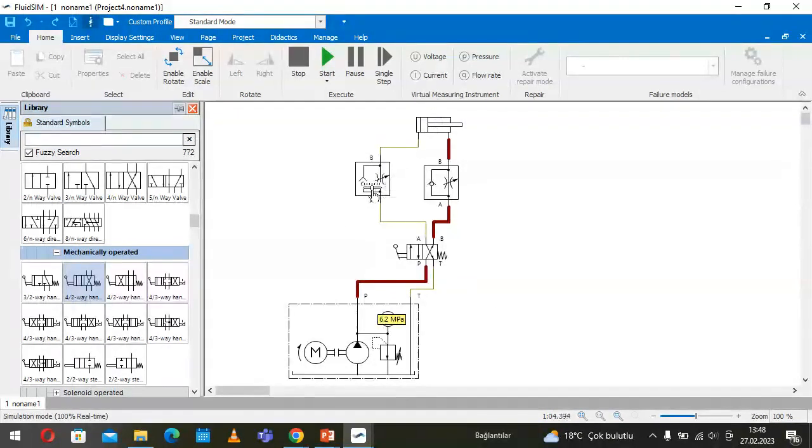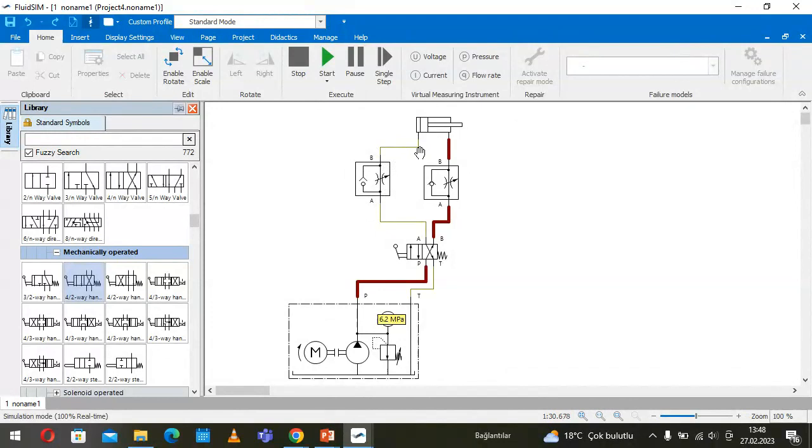So, okay, this is a one-way flow control valve. That means only in one direction we can control the flow rate. You see here, in that direction, this is open. That means the return oil comes from here into the tank. This is the one-way valve.